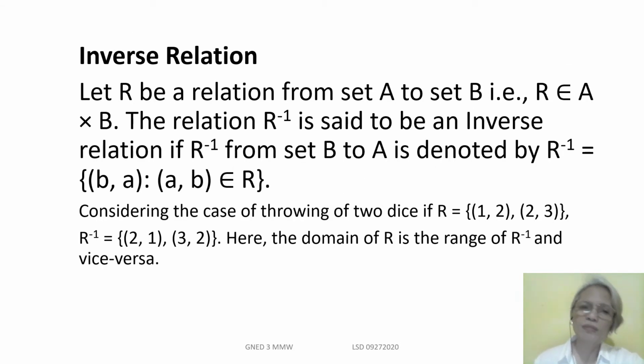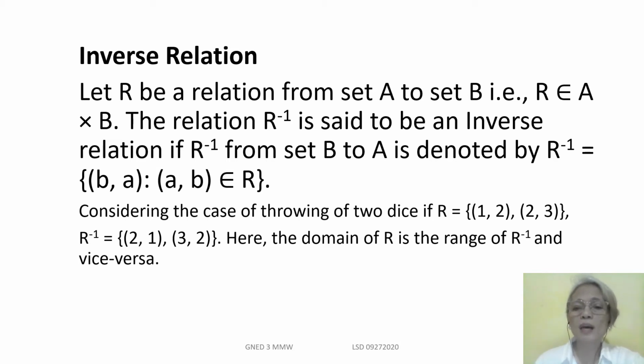What about the inverse relation? It is a relation from set A to set B, where R is an element of A cross B. R inverse is said to be an inverse relation if it is from set B to set A instead. So from the original (a, b), it becomes (b, a).